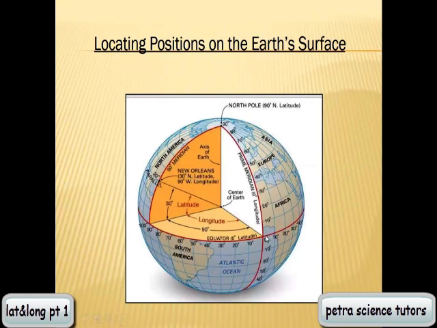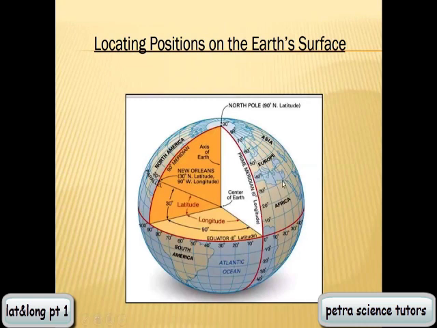If you come here, you see that this is 0 degrees, the equator. The equator is 0 degrees of latitude, right? So just like your X and Y axis, this is your Y axis, and this is the X axis. So the X axis is just like your latitude. So you're going up 10 degrees north, 20 degrees north, 30 degrees north.